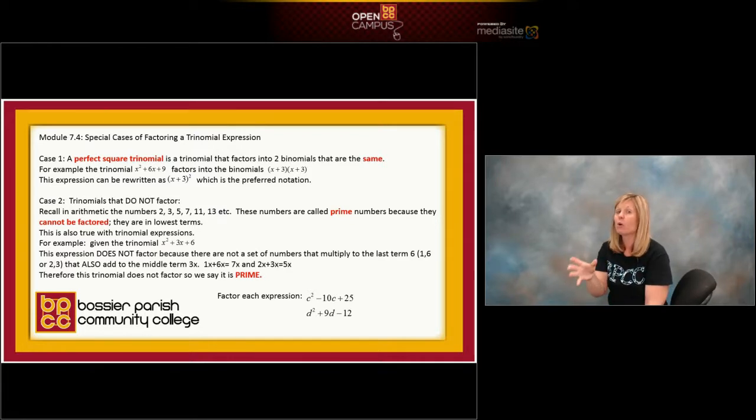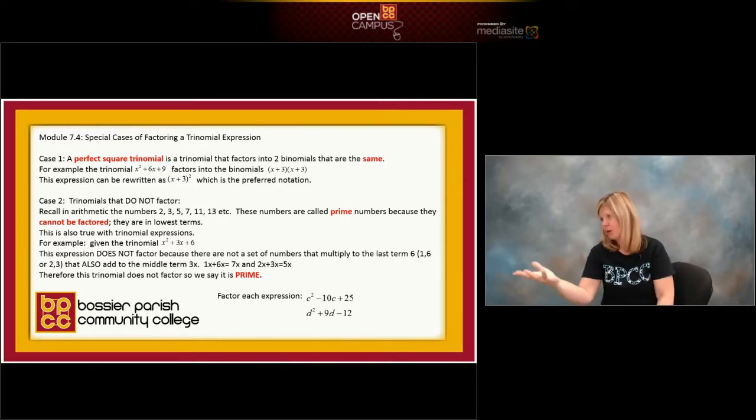So again, what can multiply to 6? 1 and 6. Can 1 and 6 add to the middle 3? Nope. 1 and 6 adds to 7. What else multiplies to 6? 2 and 3. Okay, great. Will 2 and 3 add to what's in the middle, which is a 3x? No. What that means then is this trinomial cannot be broken down. It cannot factor.